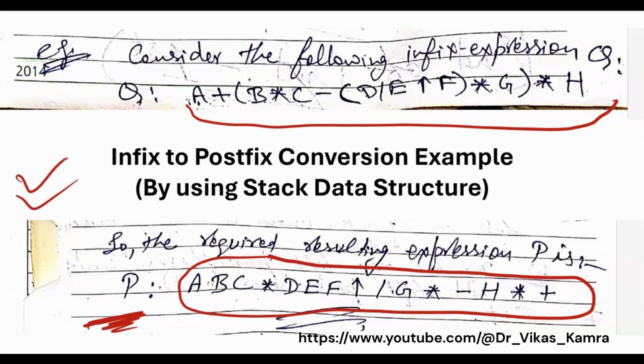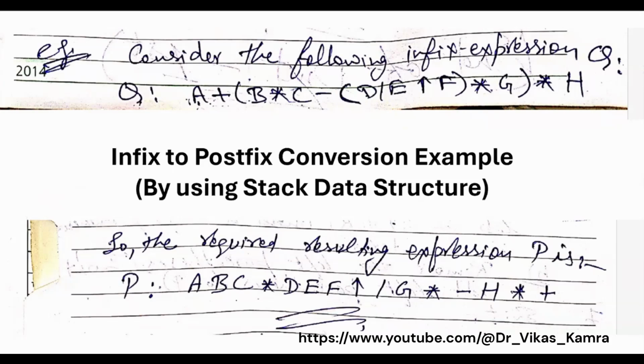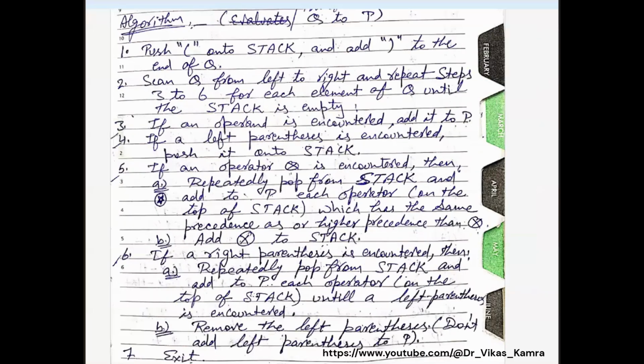You just need to remember the four cases which are coming, means what you have to do if an operator is coming, what you have to do if an operand is coming. If an operand is coming, then this is the step 3. If left parenthesis is coming, step 4. If operator is coming, as I already told you, 4 cases you need to check.